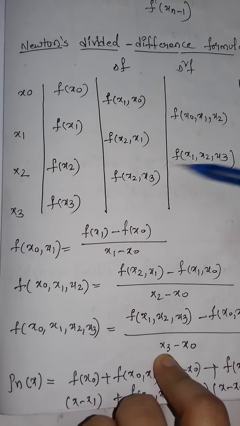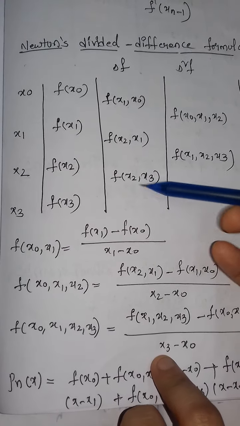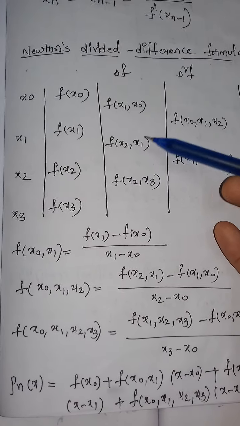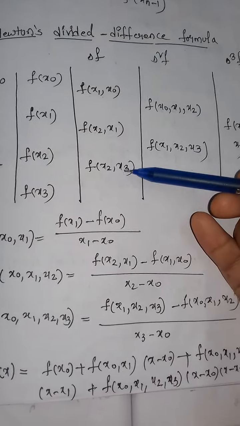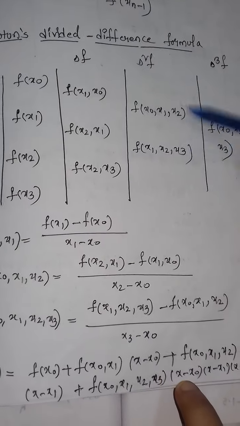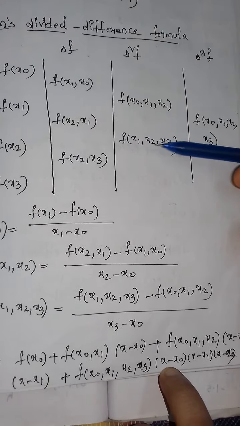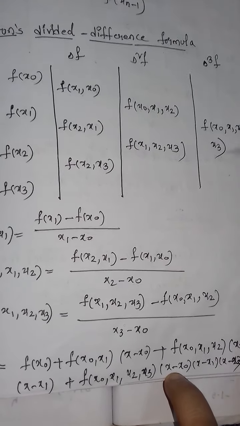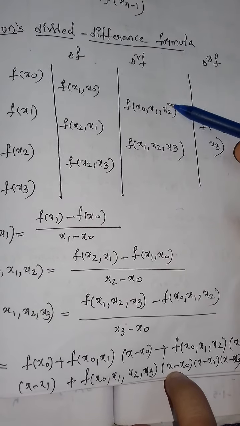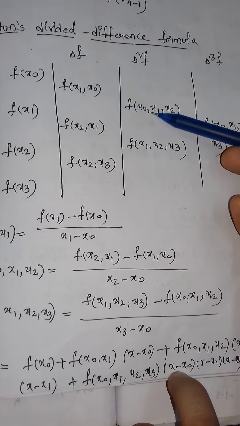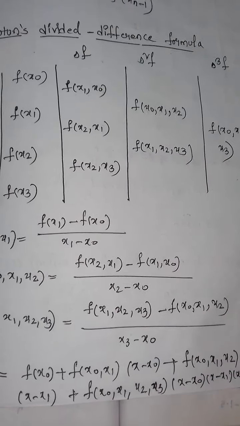You will take f of x2, x3 minus f of x1, x2 by, here x2 is common, so x3 minus x1 you will write. Now for this we will use these two, f of x1, x2, x3 minus f of x0, x1, x2 by x3 minus x0. Okay, this is a trick to remember this formula.